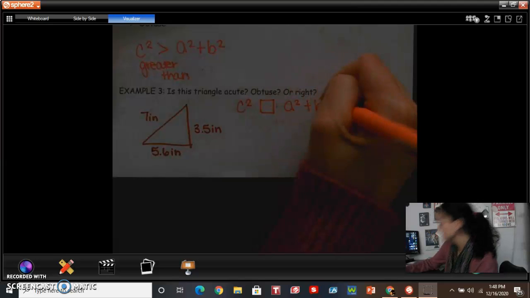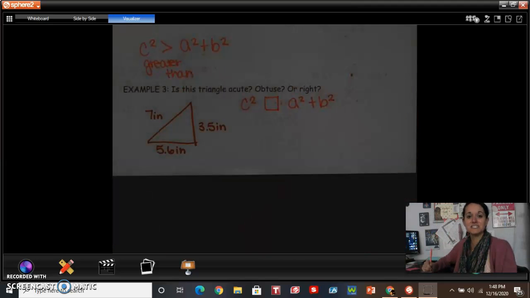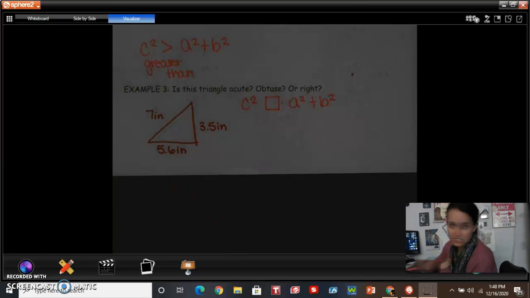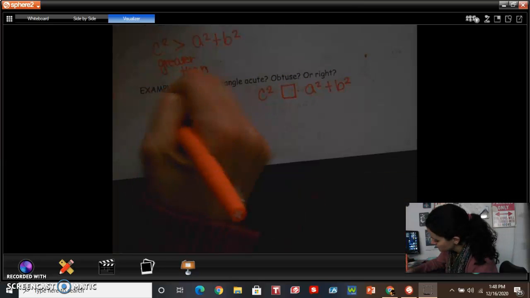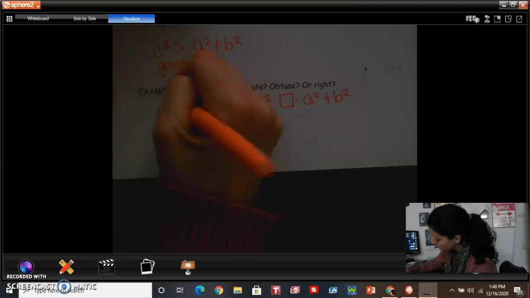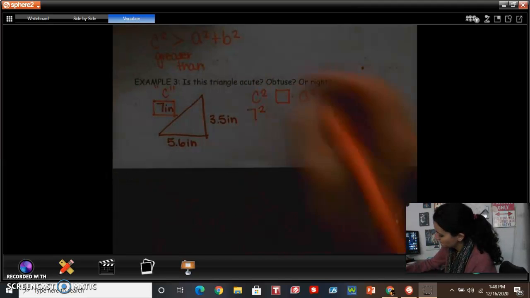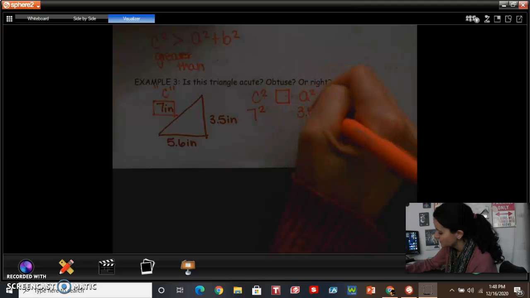It is very important to identify C, and C is going to be the biggest number you have to work with. So we have 7, 3.5, and 5.6. 7 is going to be C because it is the biggest number. So we have 7 squared, and then 3.5 squared plus 5.6 squared.